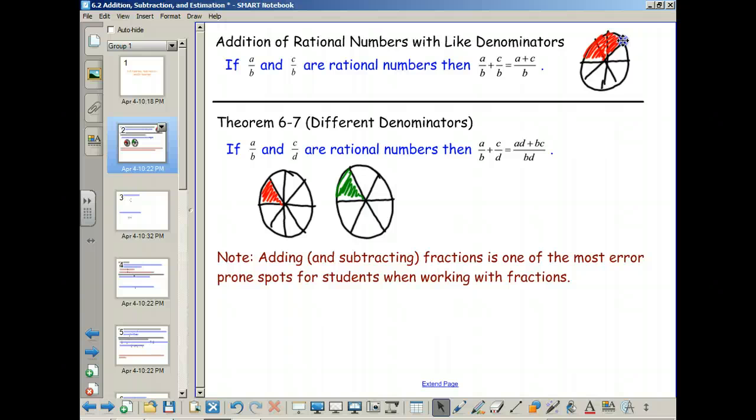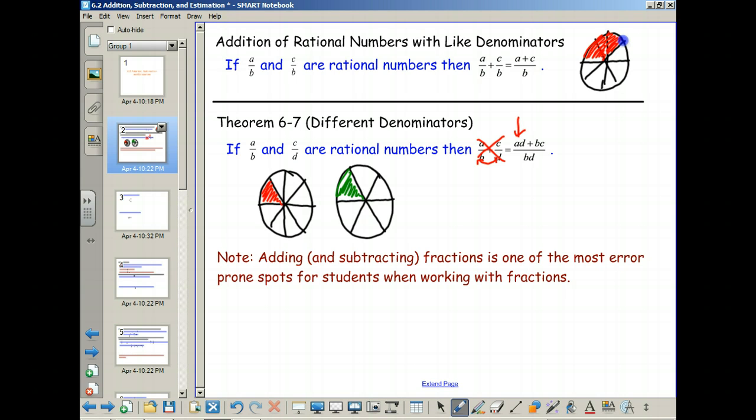So what does work is to get a common denominator. And one way to get a common denominator is to just multiply the 2 denominators together. It's not the only way, but it's one way to do it. Right? So if I multiply the 2 denominators together, I get BD. And I can multiply these 2 items together then, A and D. So there's my AD.